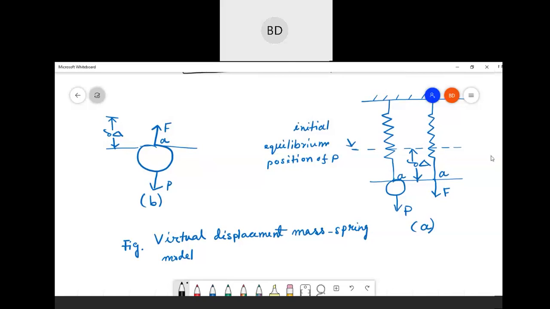Have you drawn the diagram or not? Have you drawn it? Yes, sir. So let us move forward.